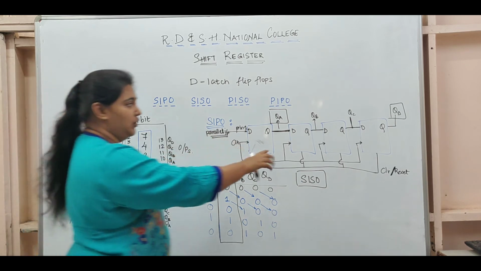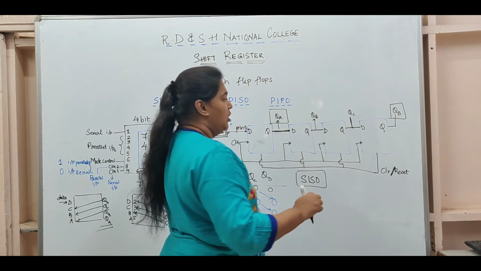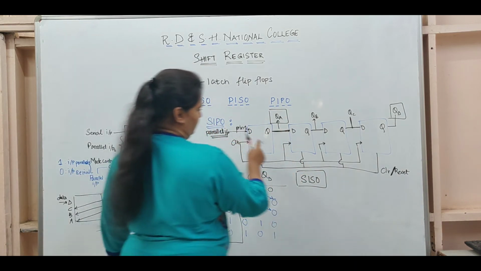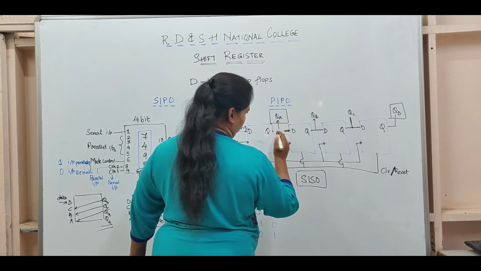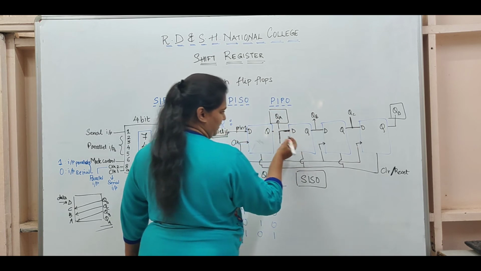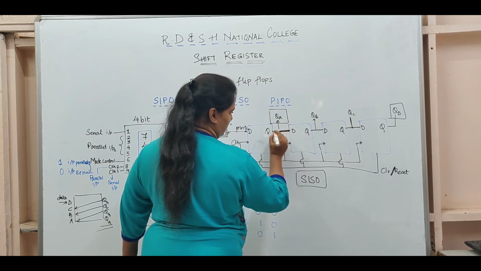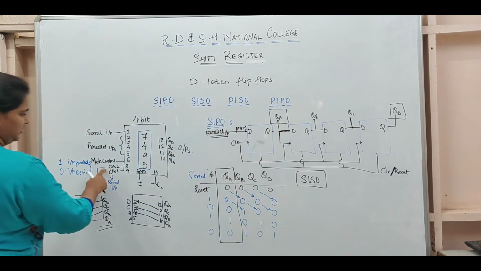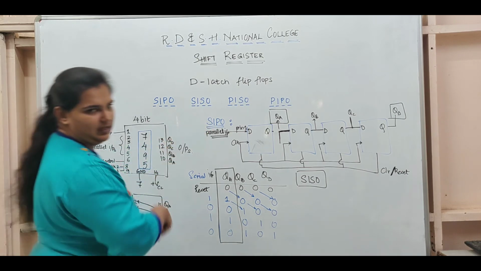The easiest of all, parallel in, parallel out. You will make the connections. That means you will give 4 inputs, separate inputs. So this is internally connected, but you will also connect this here. That is why this clock and mode control will take care of this.